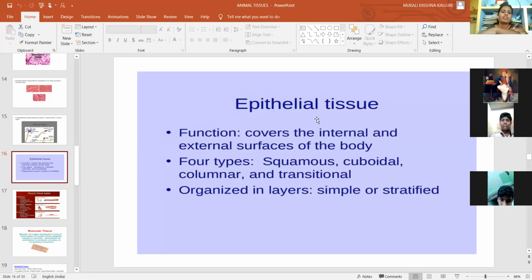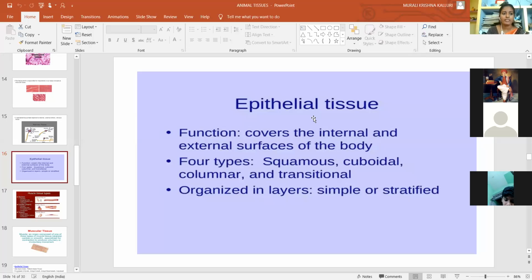Our body is covered with skin, and also the animal body. That is the epithelial tissue. It is the outermost covering layer and the protecting layer of the animal body.